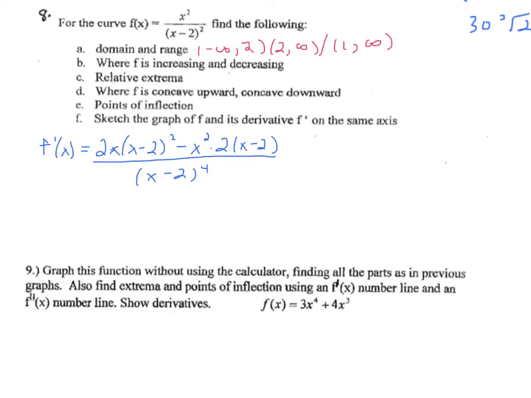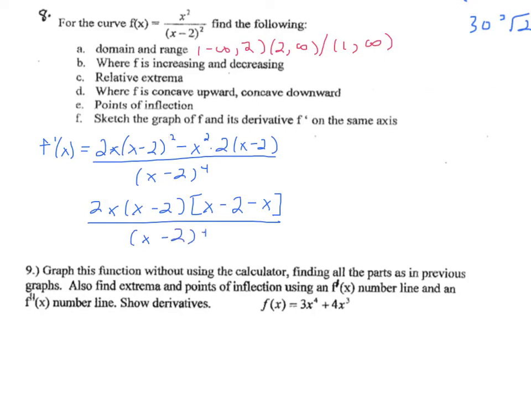So it looks like we can factor out a 2x and an x minus 2. And we'll be left with an x minus 2 and a minus x, over x minus 2 to the 4th.